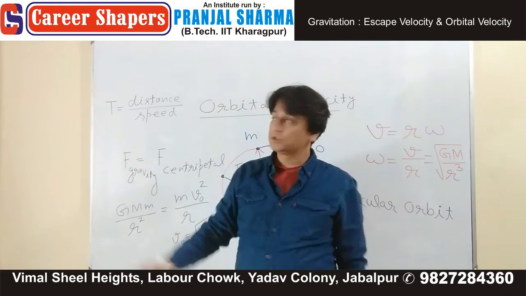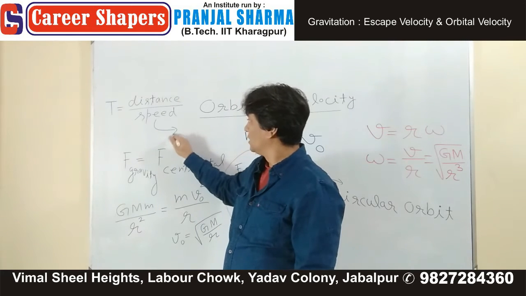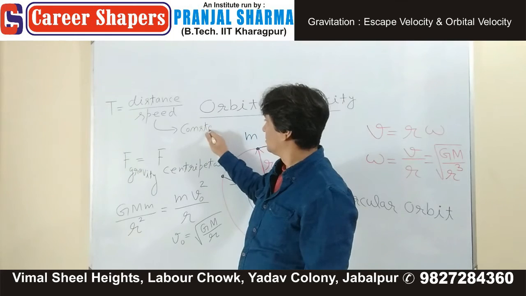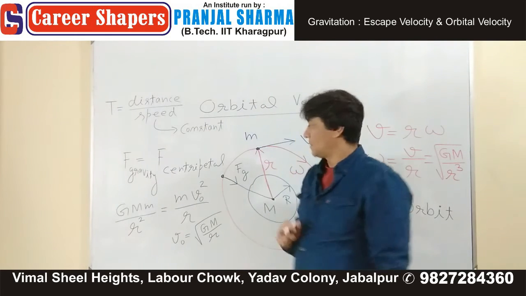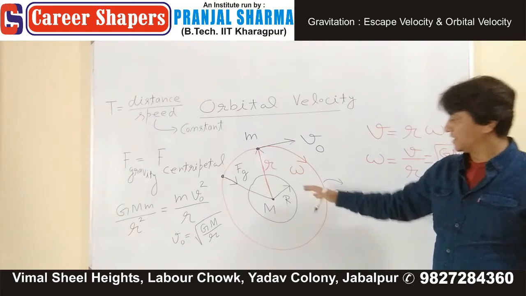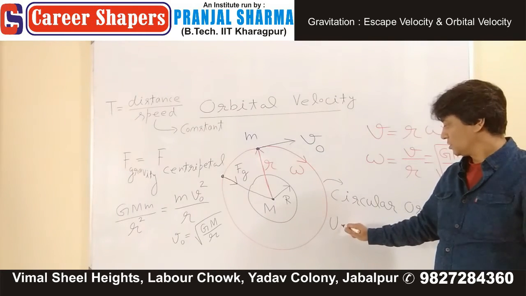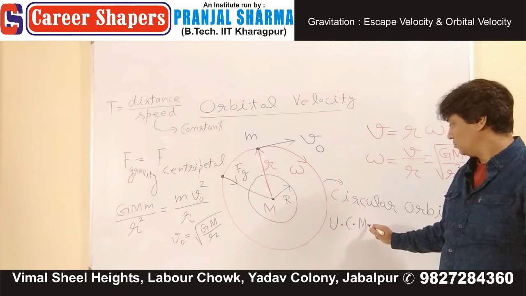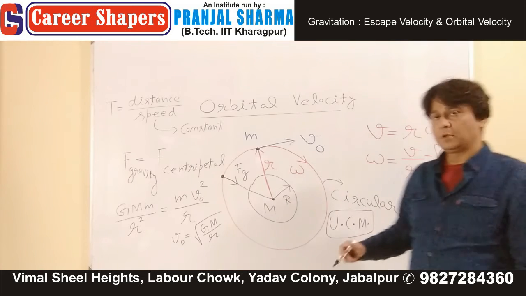But remember, this formula is used only when speed is constant. And you all can see that this is the example of uniform circular motion. Why?